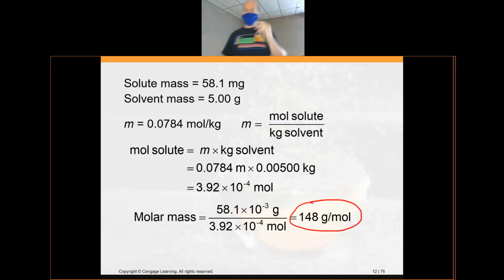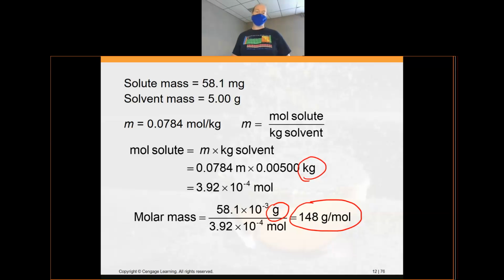They do it a different way, and that way works exactly the same. You have to do the exact same things. You've got to convert your milligrams into grams, and your grams of solute into kilograms of solute. And then you take your grams divided by your moles. They get a number for moles, so they do it in more steps.